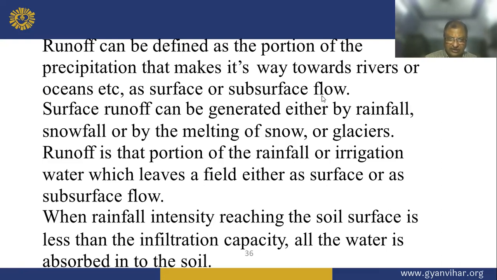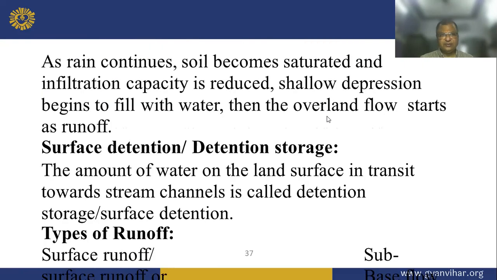When rainfall intensity reaching the soil surface is less than the infiltration capacity, all the water is absorbed into the soil. As rain continues, the soil becomes saturated and infiltration capacity is reduced. Shallow depressions begin to fill with water, and then the overland flow starts as runoff.